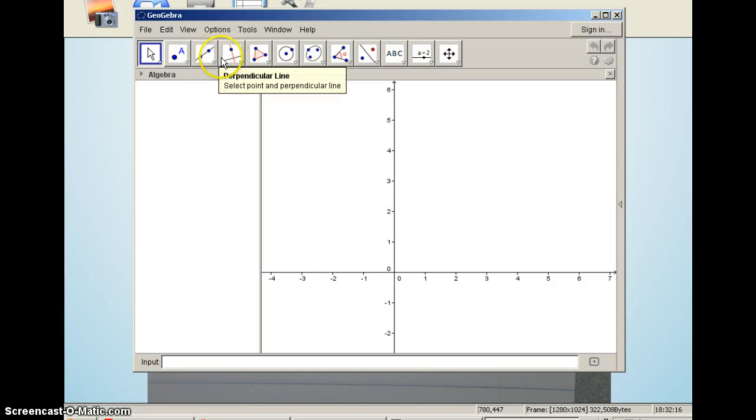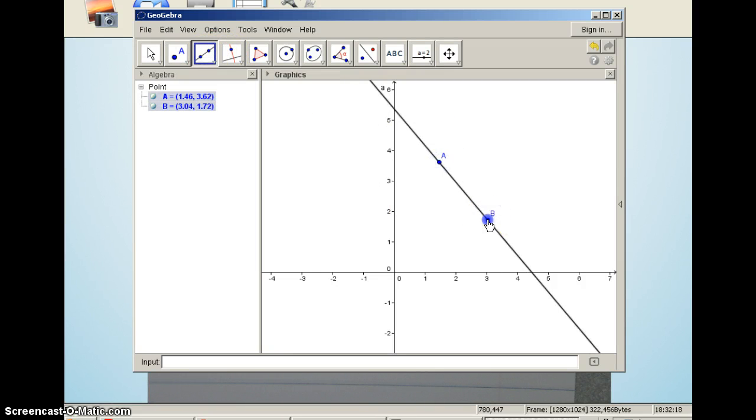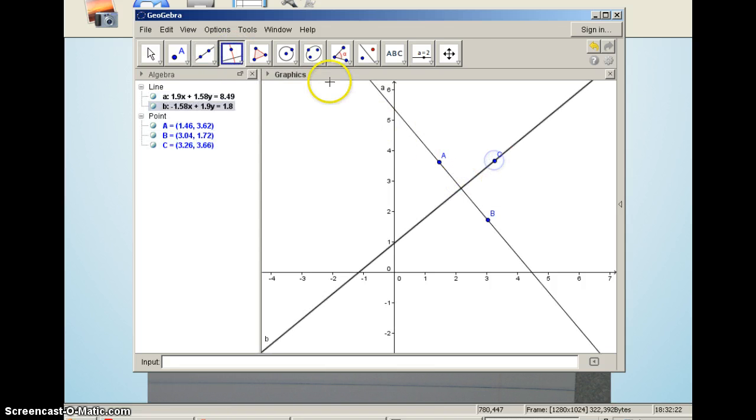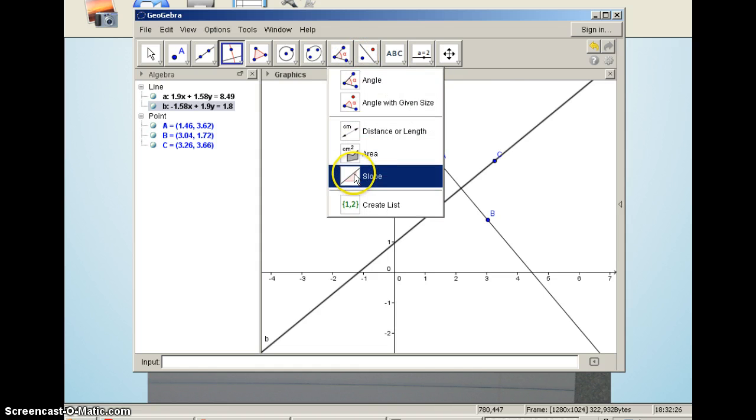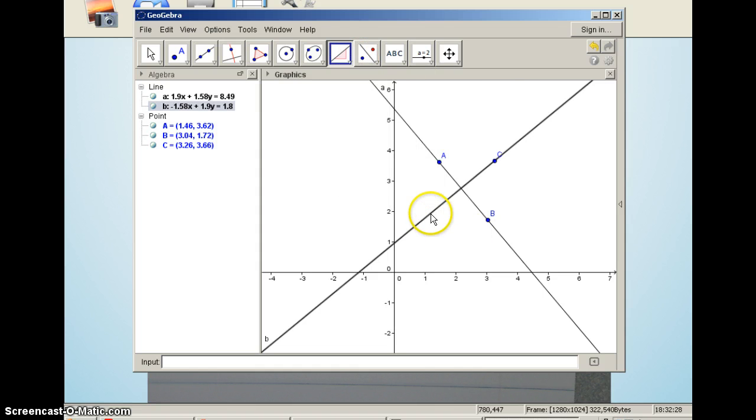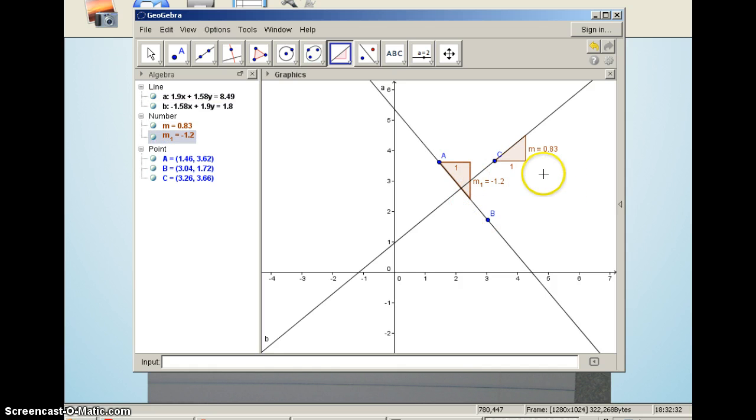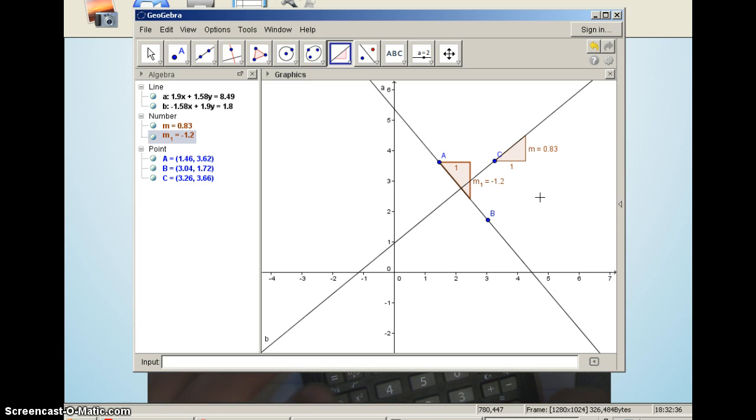We'll just make a couple of lines. Let's make this line, and then let's make a perpendicular line. And now let's measure our slopes. We'll really quickly measure the slopes of these lines. This is not going to work out perfectly because there's some rounding in there. But if I use my calculator and I say, what is -1.2 times 0.83?